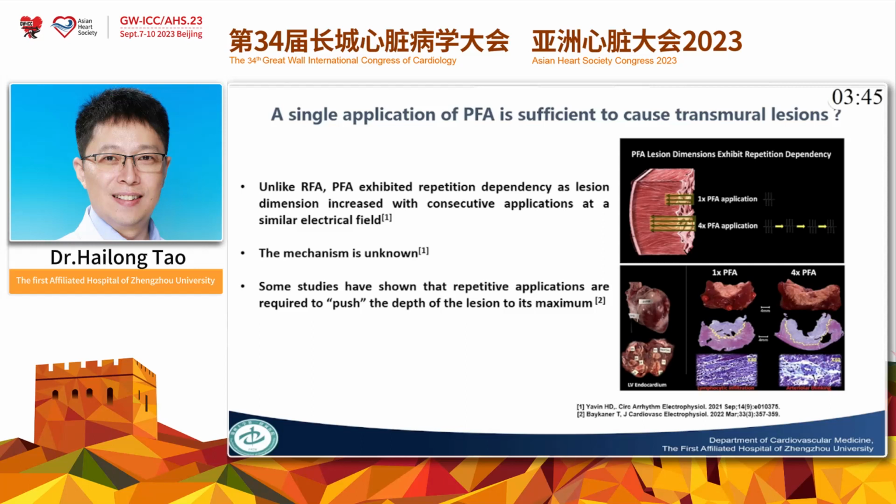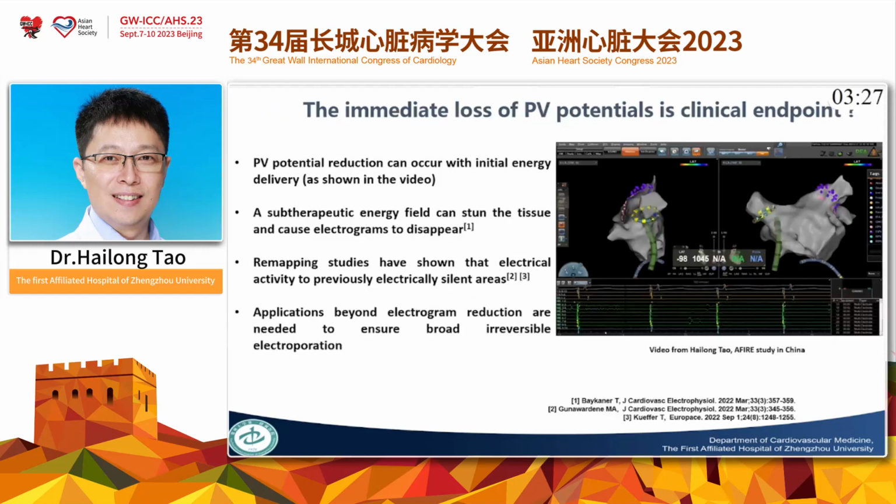But the mechanism is unknown for now. Some studies have shown that repeated applications are required to push the depth of the lesion to its maximum, just like the picture shows. So we should do maybe 2 or 3 times the PFA ablation for each pulmonary vein.